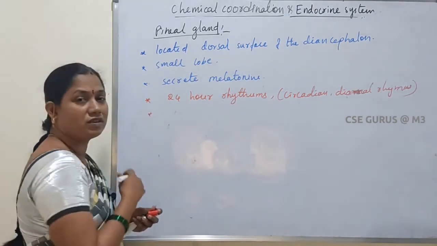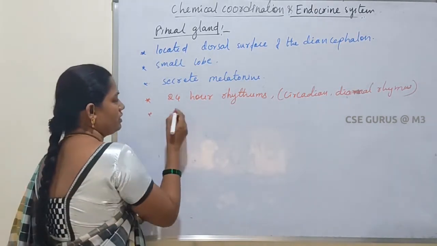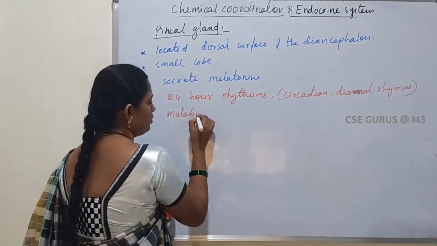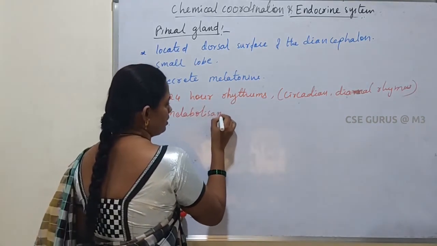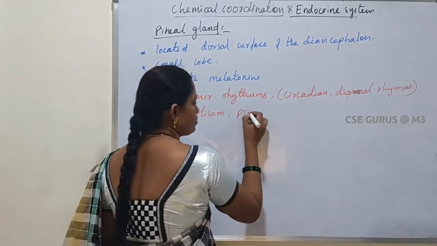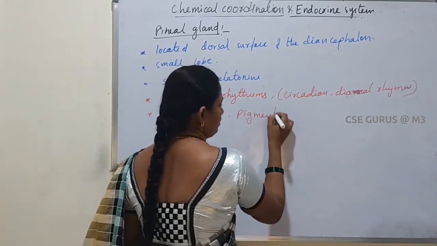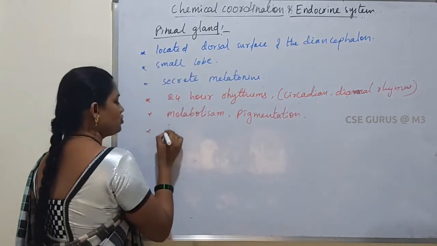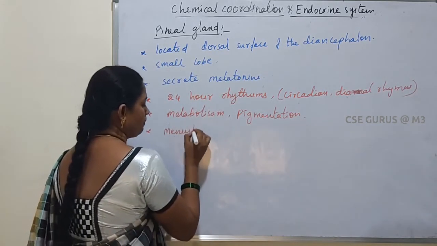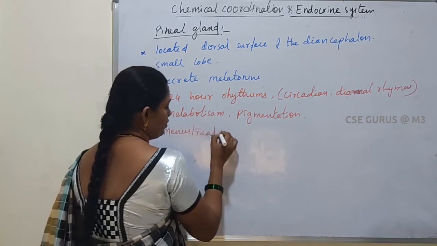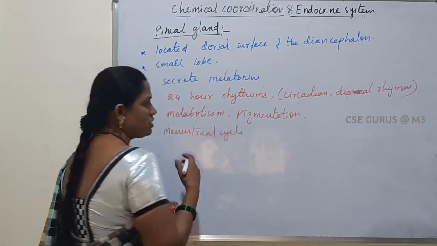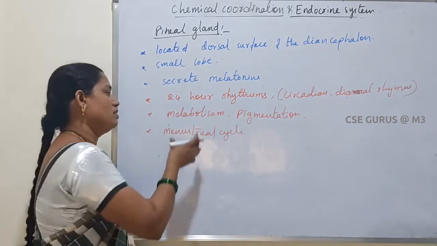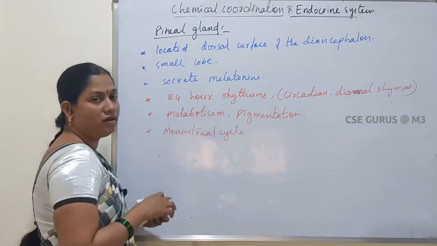Along with this, the hormone also regulates the metabolism. Next, it regulates the pigmentation. Next, it regulates the menstrual cycle. So all rhythmic processes are controlled by the melatonin hormone.